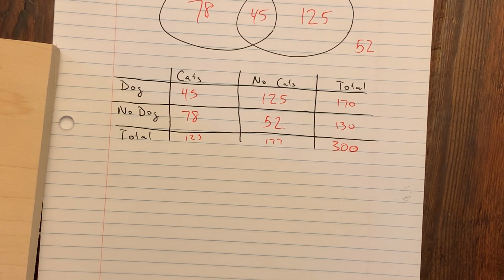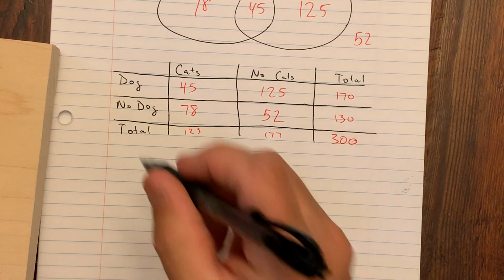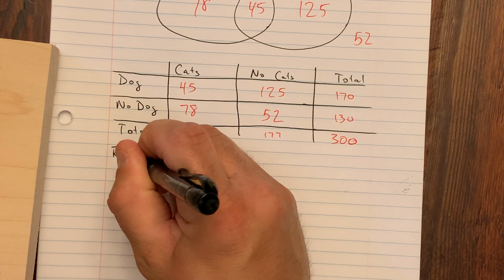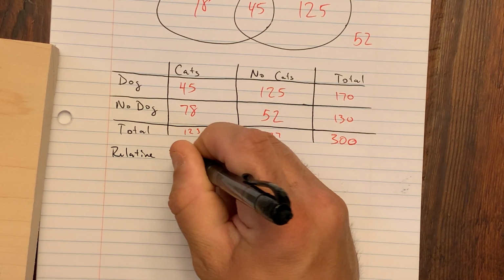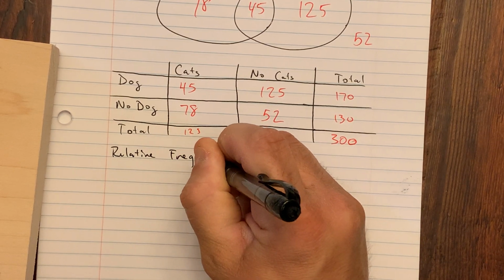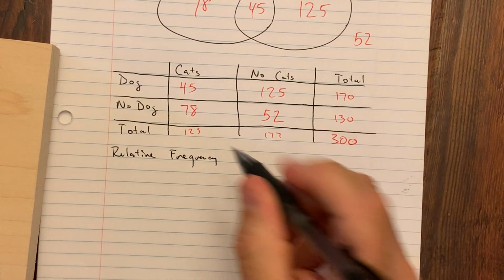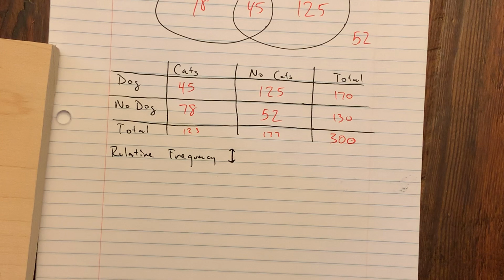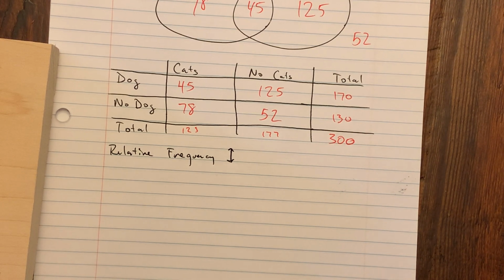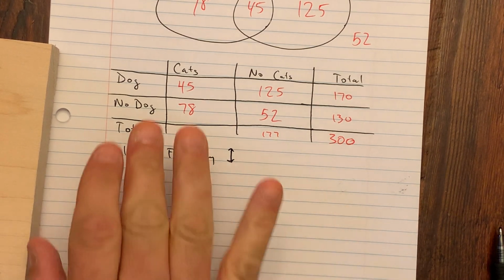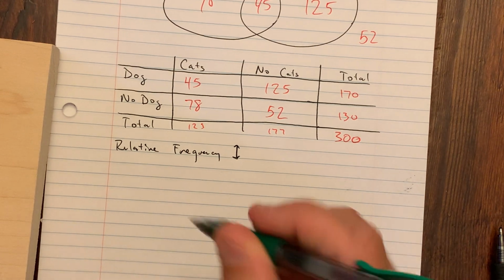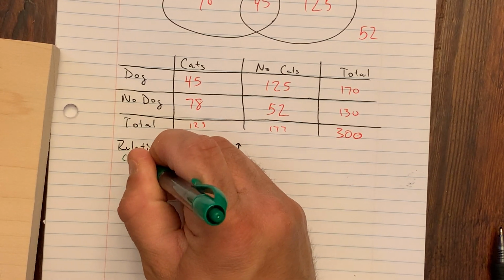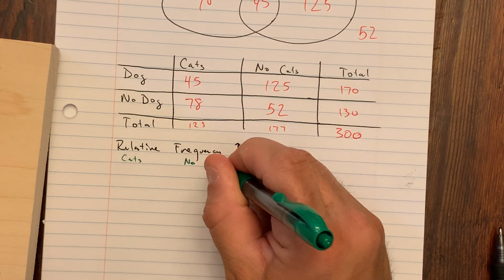All right. So two ways that we can look at relative frequency. So we're going to start by going by column, up and down here. So what I notice here is our columns here are labeled as cats and no cats.